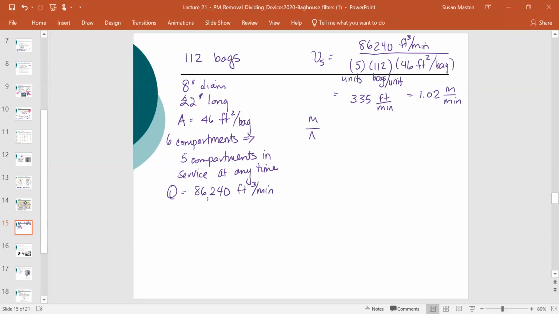M over A, so the mass over the area, is equal to our dust loading times this superficial velocity times the efficiency times the time of operation.